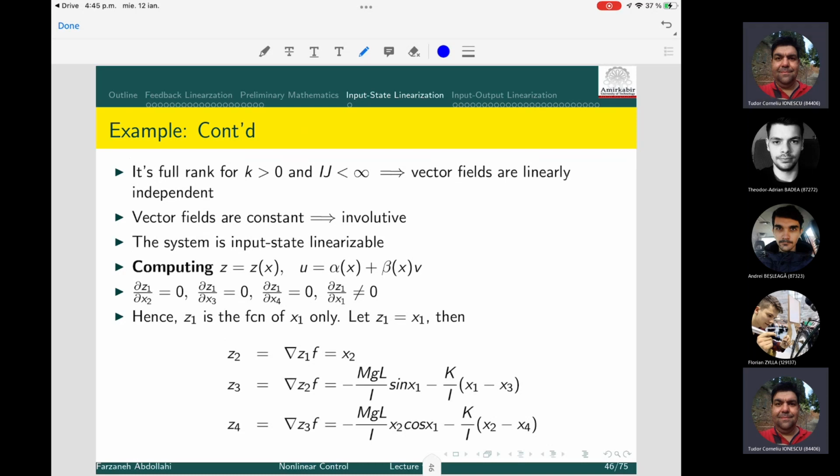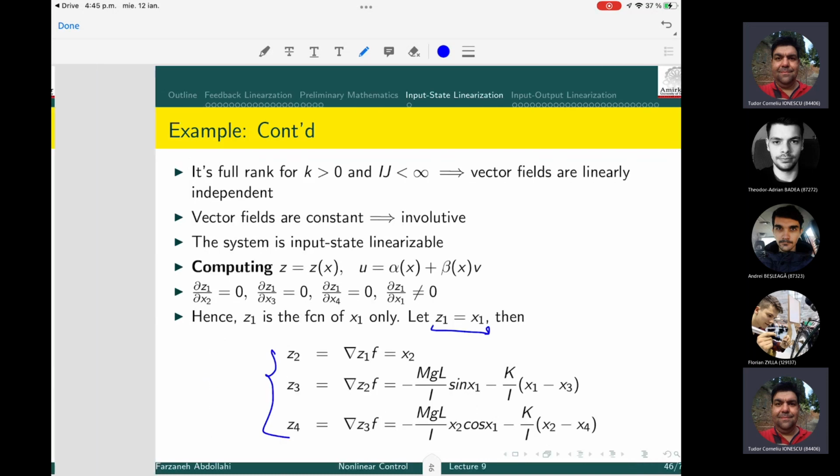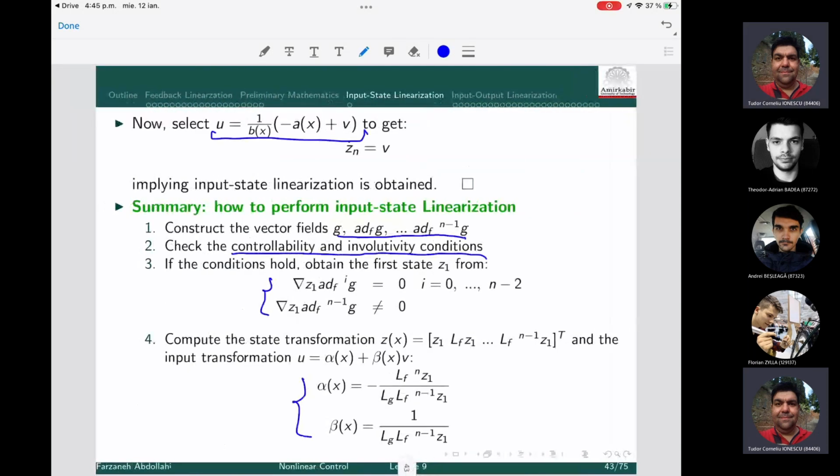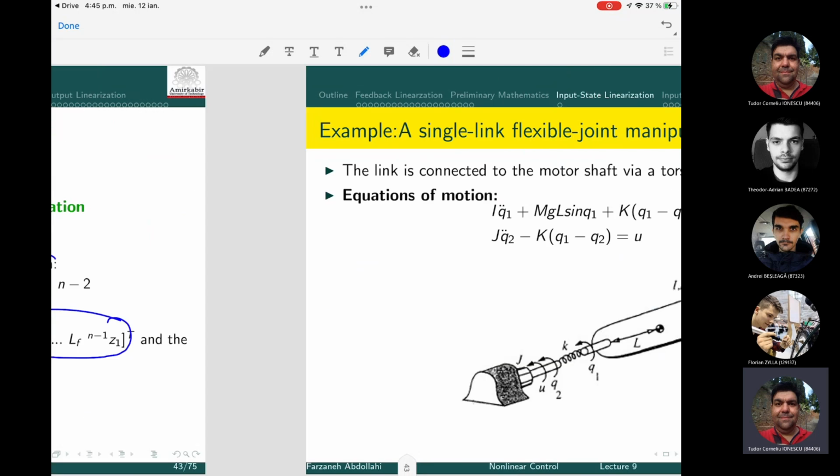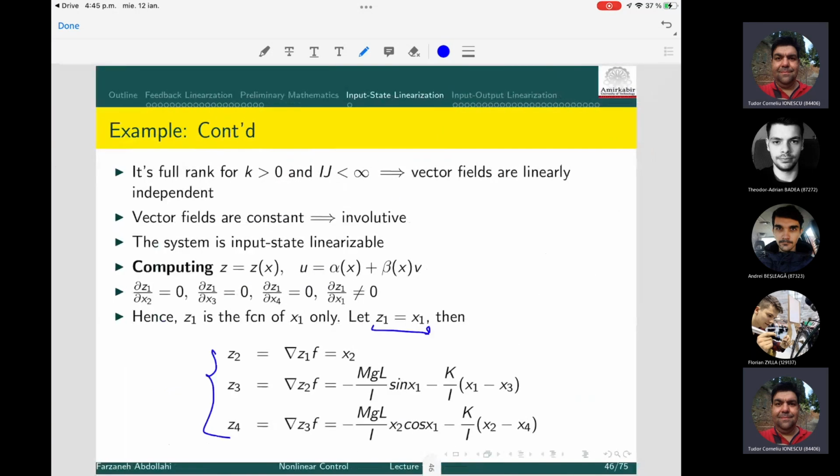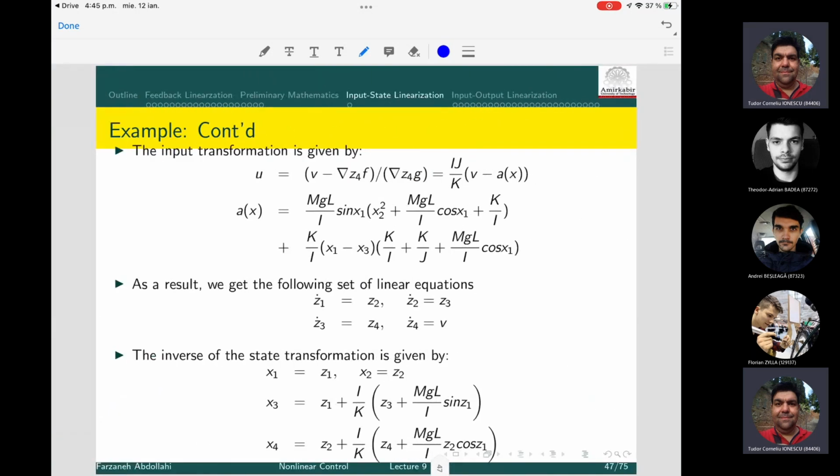We need to compute z. So z1 is a function of x1 only. So z1 equals x1, and then you get z2, z3, and z4 to be of this form. This is the coordinate transformation. Check it out. Okay, so we have a good recipe for how to compute these things.